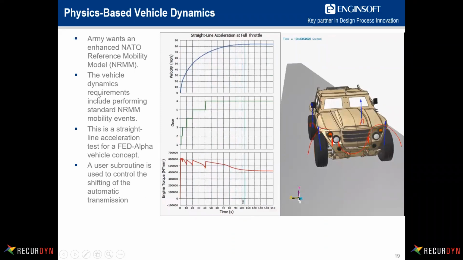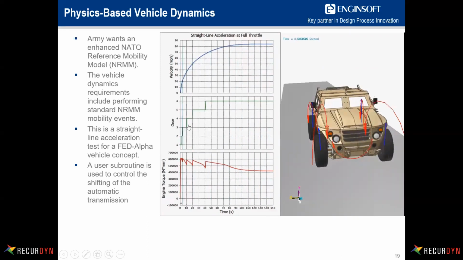And in this case, we're looking at a particular maneuver, which is just acceleration down the track at full throttle. And so on these different plots, we can see velocity in miles per hour. So it eventually gets up to about 85 miles an hour.